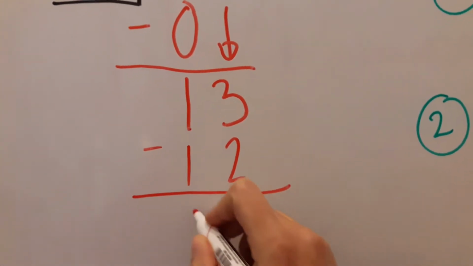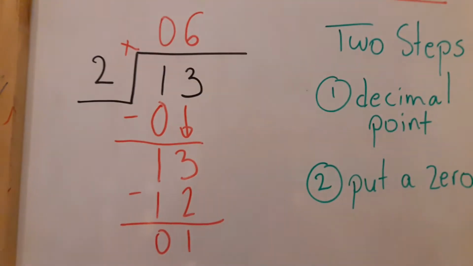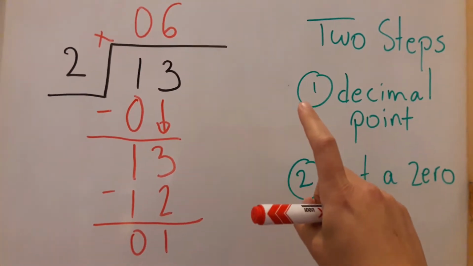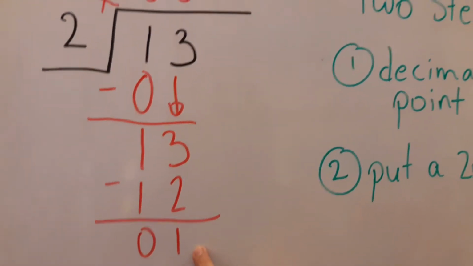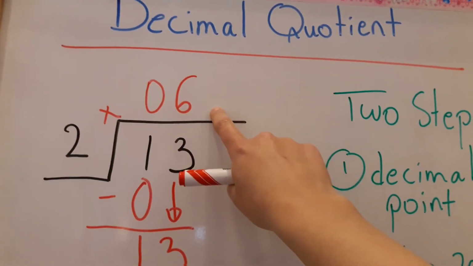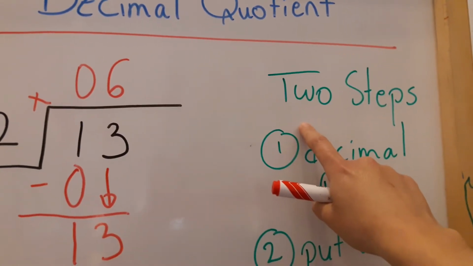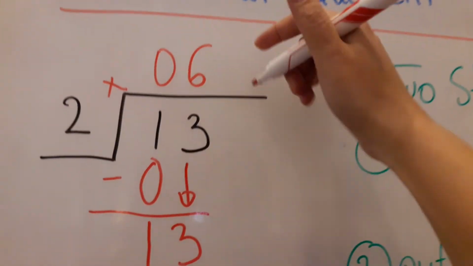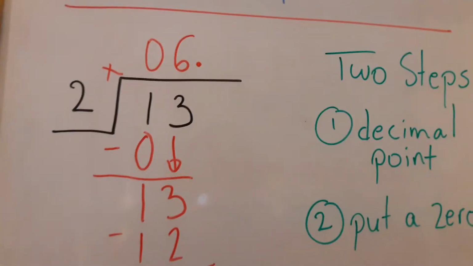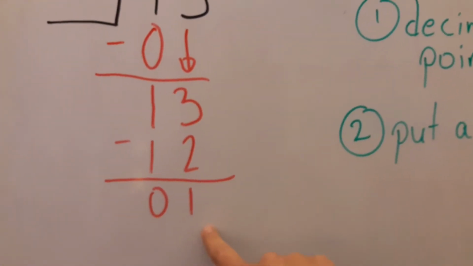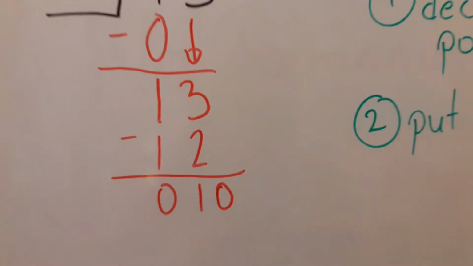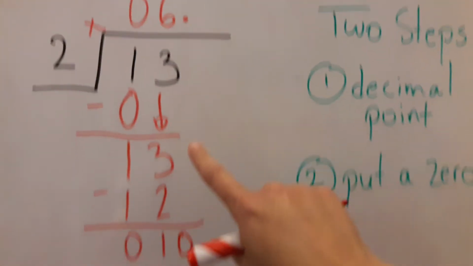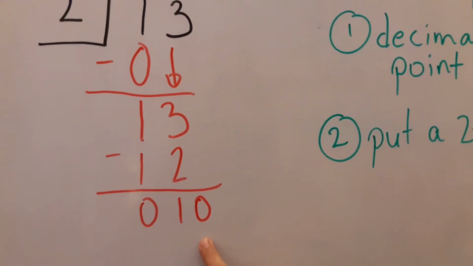So far so good. You already know these things. Now, we said at the beginning of the video that I don't want to have a remainder, and this should be a decimal number. So to do that, I'm going to have to take 2 steps. The first step is to put a decimal point next to the 6, and next to the remainder I'm going to put a 0.